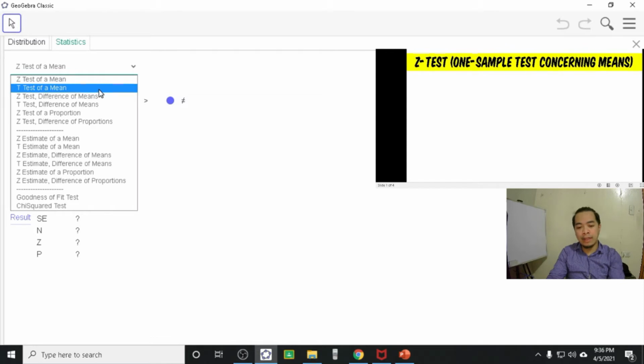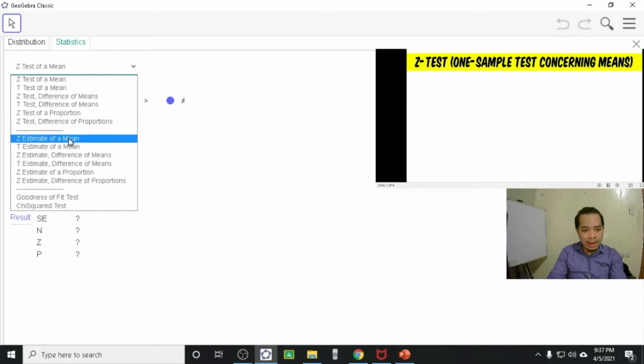We have a characteristic, the mean, from a sample, and then we test it over a constant or any number. We also have z-test for the difference of two means. This is the test that we use when we are comparing two samples or two populations, and also t-test. Then we also have a test for proportion and the difference of two proportions.